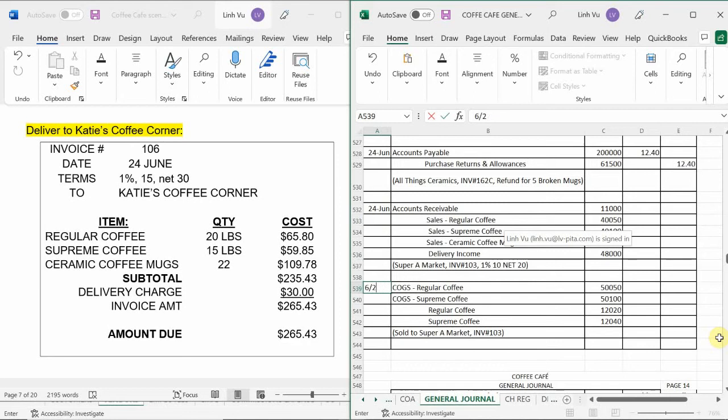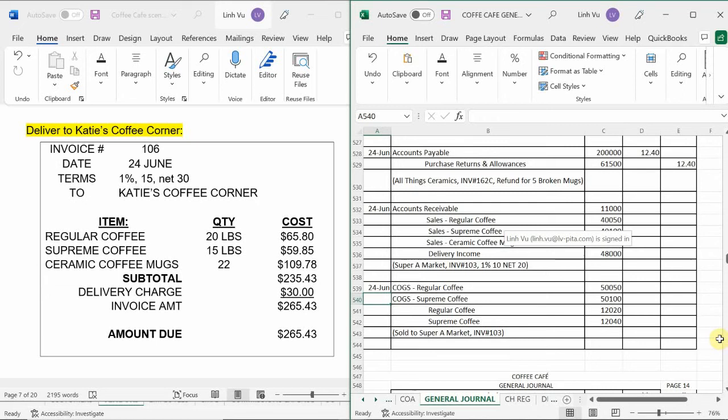All right, so perfect, enough amount of space to copy and paste the transaction here. All we now have to do is just make some minor adjustments to the description and we're good to go. So in this case, I copied a transaction that is identical to Katie's Coffee Corner.